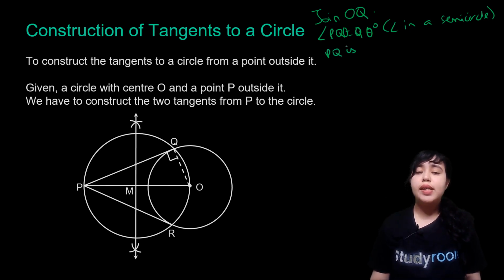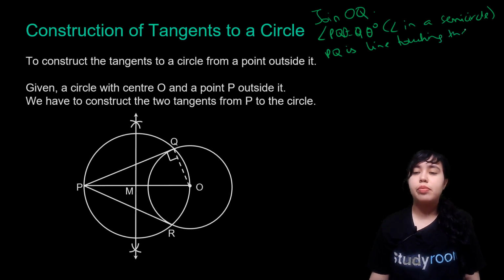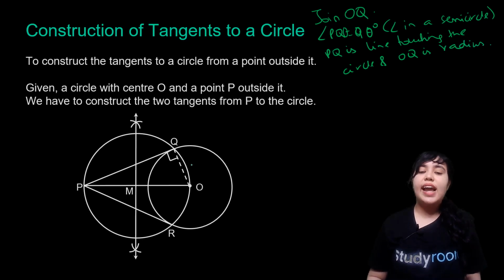Now you know that PQ is a line touching the circle. And what is your OQ? OQ is the radius. It's the line which is joining the center of the circle to the circumference. Now PQ and OQ are perpendicular to one another because angle PQO is 90 degrees.